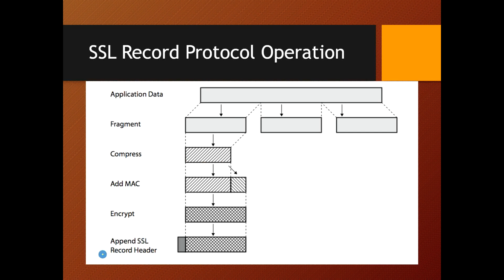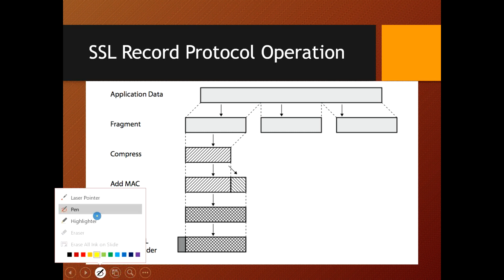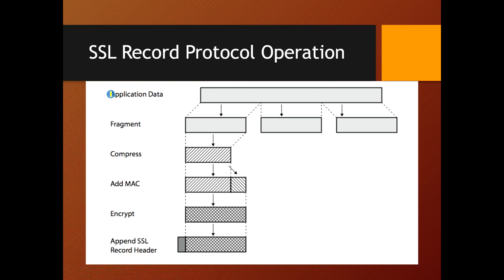Here we have the SSL record protocol operation. As you can see from the diagram, the SSL record protocol will take the application message to be transmitted, and it will fragment this message into small blocks.